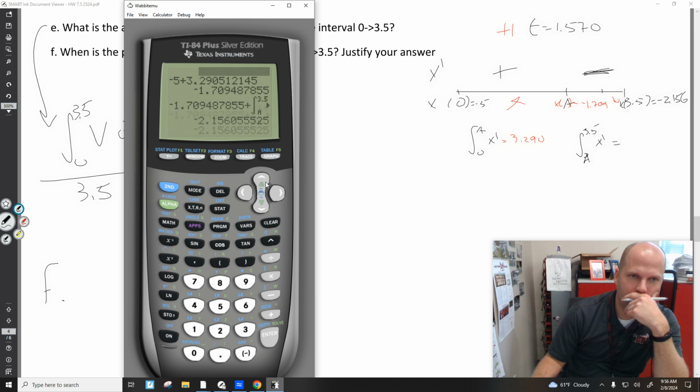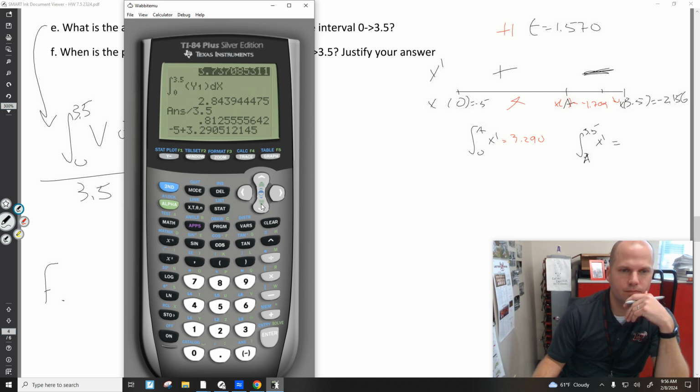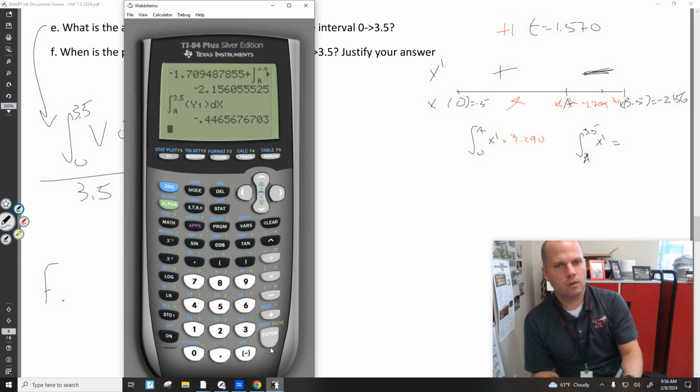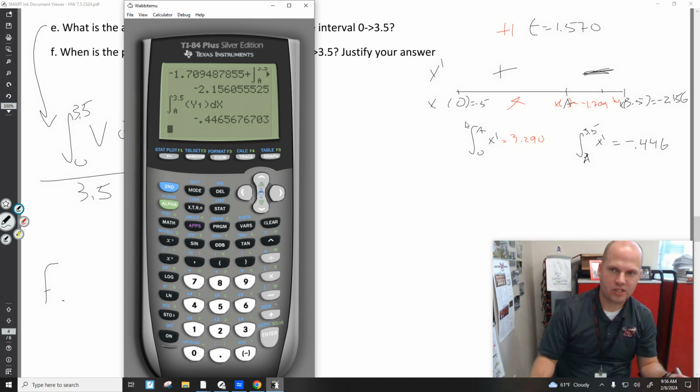Just grab the integral and do A to 3.5. Everything should make sense after I have it down. Negative 0.446. So I have -5. I increase by 3, I get to 3.2, I get to negative 1.7. I then decrease by 0.44. I get negative 2.15. Everything makes sense.